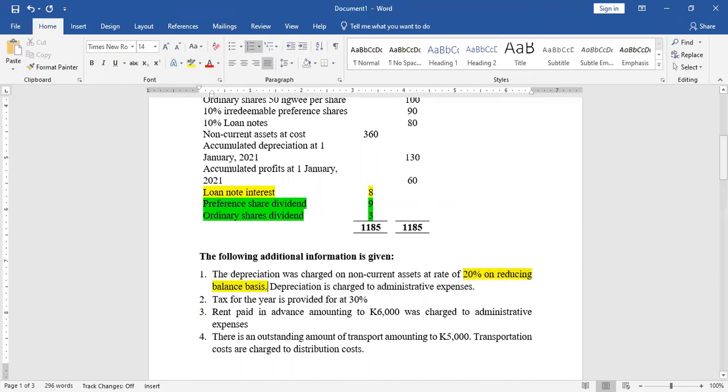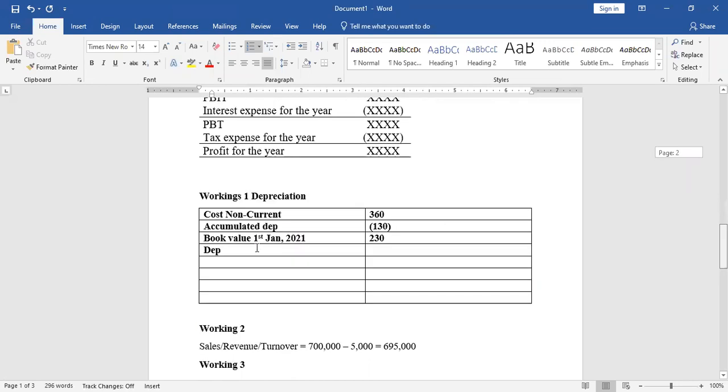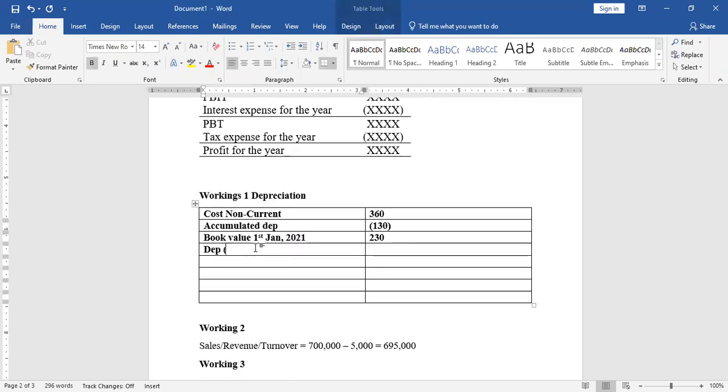So we are going to do 20% of the reduced balance. The reduced balance is this one, after we've removed accumulated depreciation, which is the 230. What do we have? 46. So the depreciation charge for this year is 46.